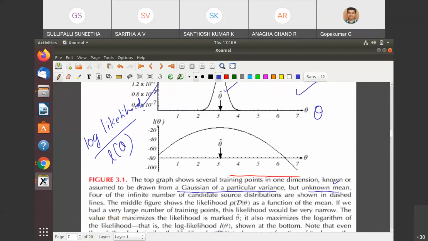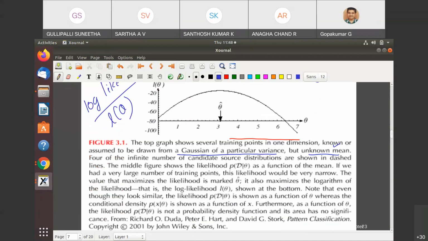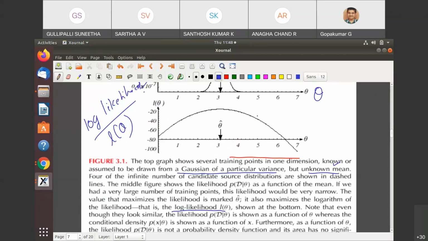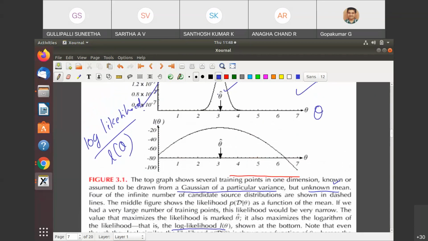We will see later the advantage of taking the logarithm. Even if you plot the log likelihood, you get a figure like this, and there too the same theta gives the theta cap.